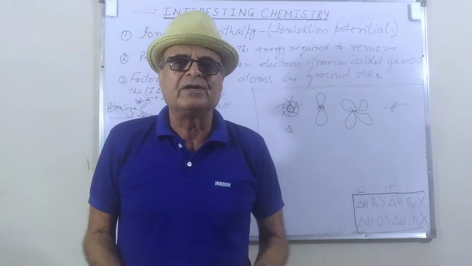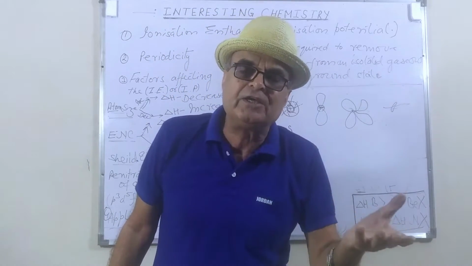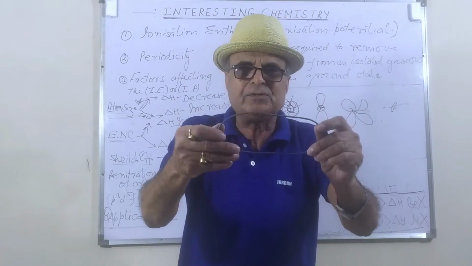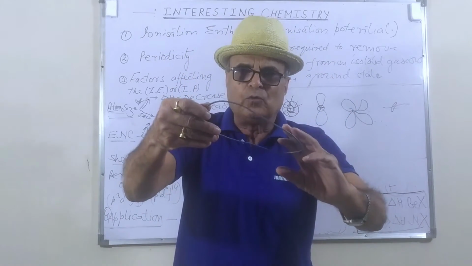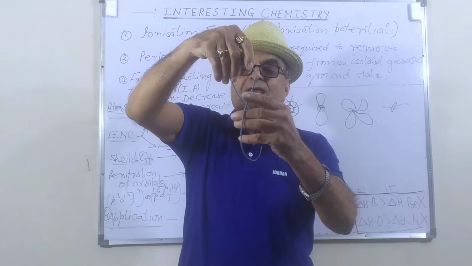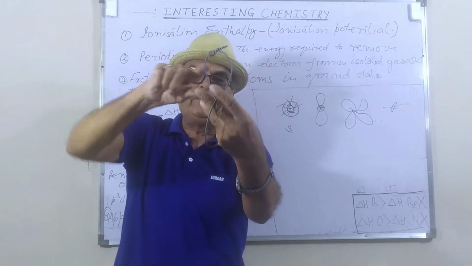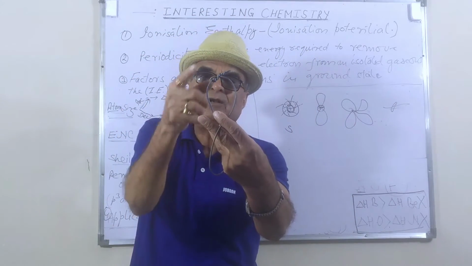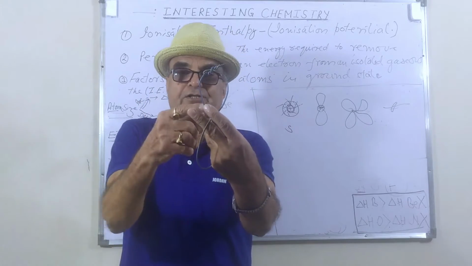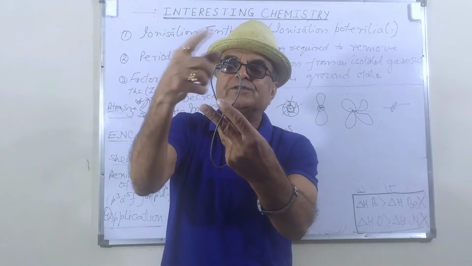The p orbital is elliptical. Suppose this is the p orbital, it is elliptical. When you take it like this, the shape of the p orbital will be dumbbell shaped.